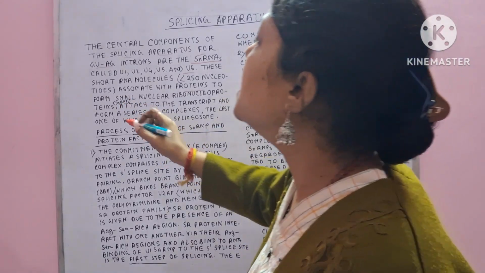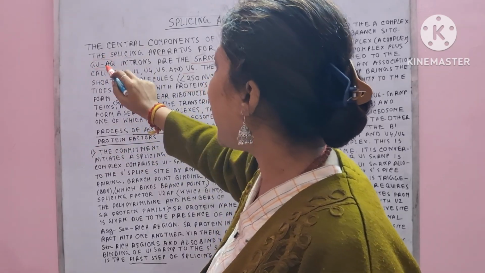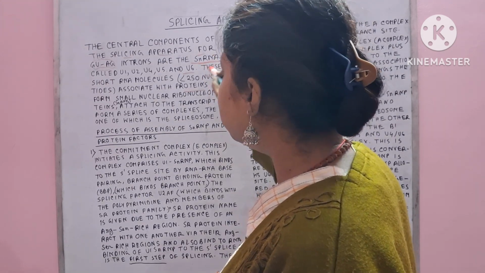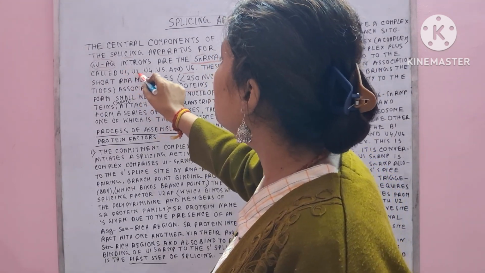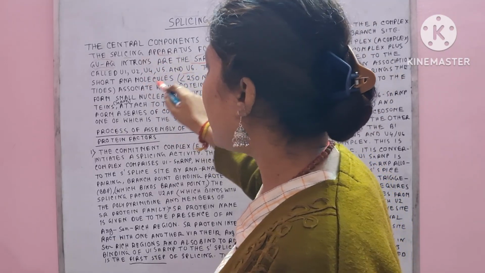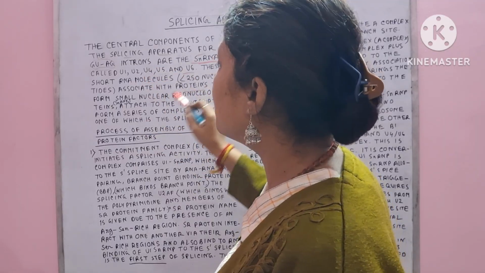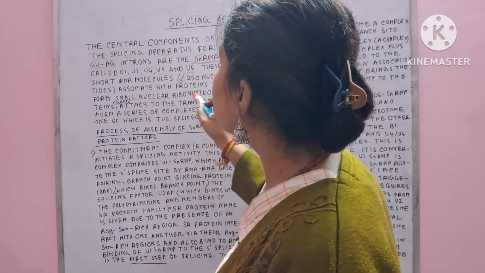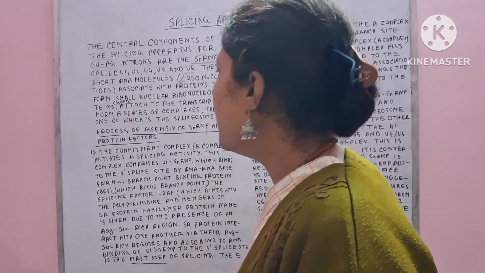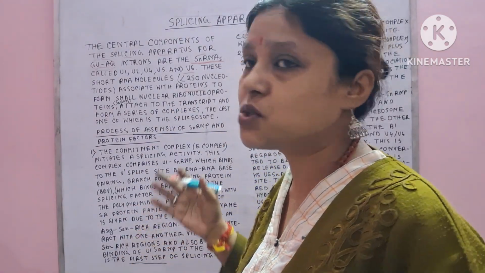So what I am saying is that these small snRNAs containing U1, U2, U4, U5, U6 are very short RNA molecules and associate with some proteins. These proteins are called small nuclear ribonucleoproteins, in short form snRNPs.